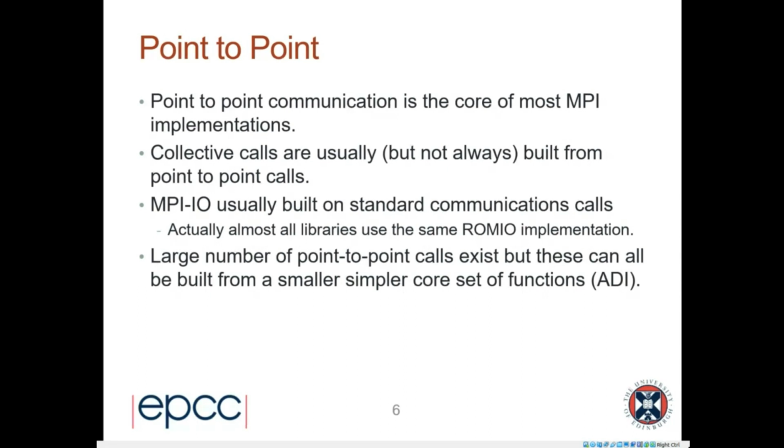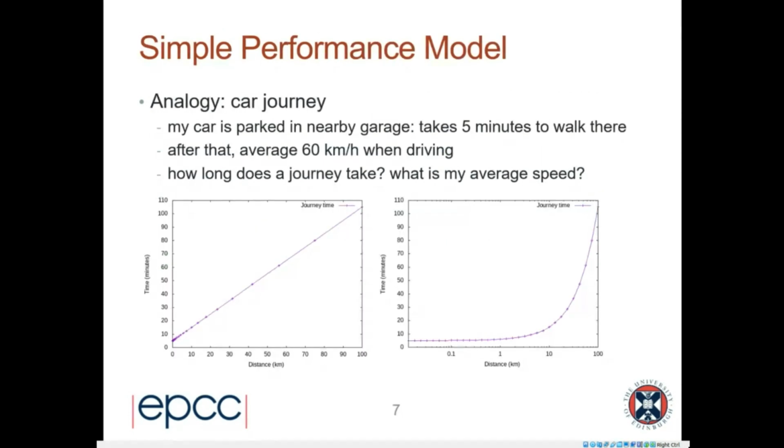MPI-IO is typically built on standard communications libraries. I'm not going to cover MPI-IO here, but very early on, someone implemented MPI-IO using pure MPI. ROMIO is the typical implementation. There is a large number of point-to-point calls, but these are often built up from simpler core sets of functions.